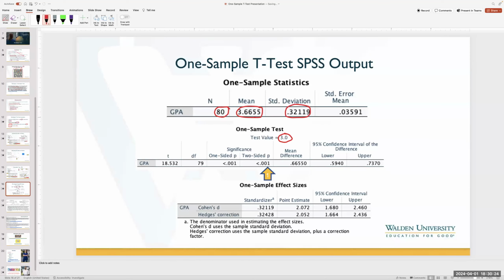So what we're comparing is these two numbers now, 3.0 against 3.66. We know they're different, but we want to know, are they statistically significantly different? And we always look in the significance table, and we look at two-sided. Was there a statistical difference between Walden and the national average? Anyone want to take a stab at that?